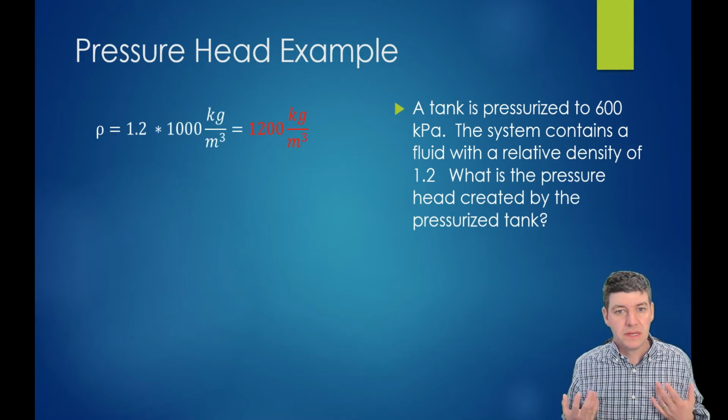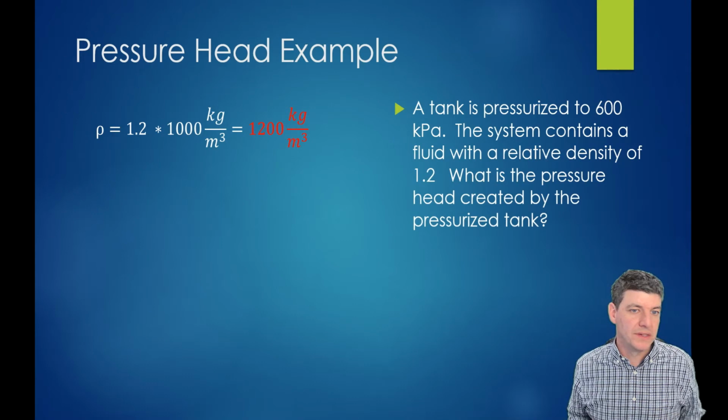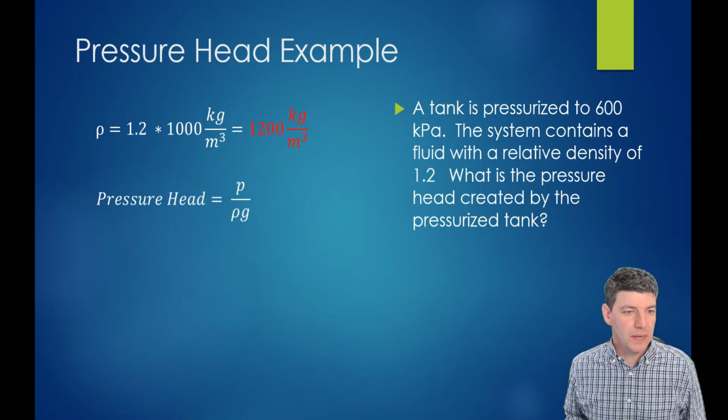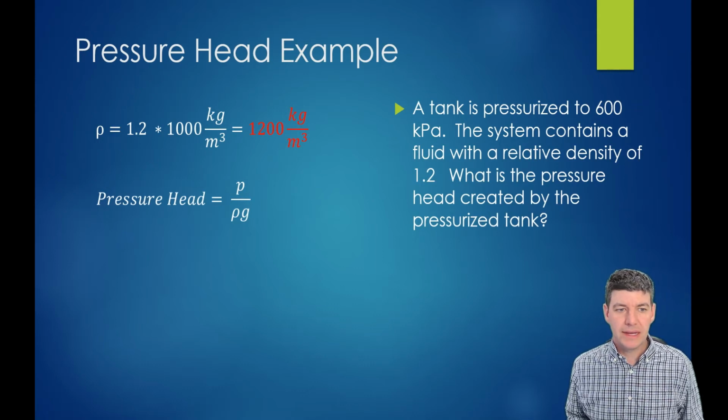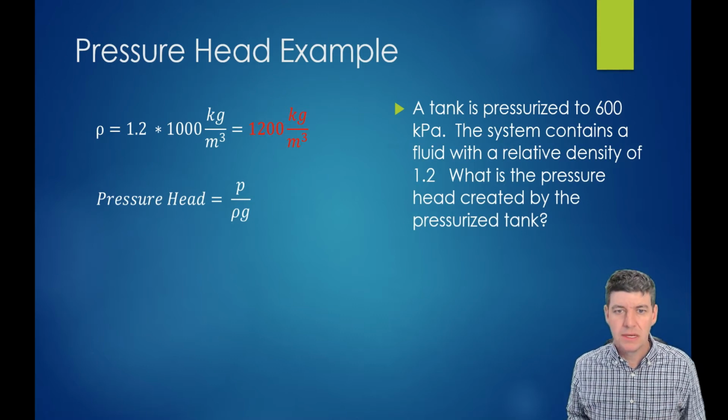The relative density, 1.2 times 1,000, gives us a final density of 1,200 kilograms per cubic meter. Then we can punch that into our pressure head calculation. Remember that we want to make sure we're in our base units, so for pressure, that would be pascals.